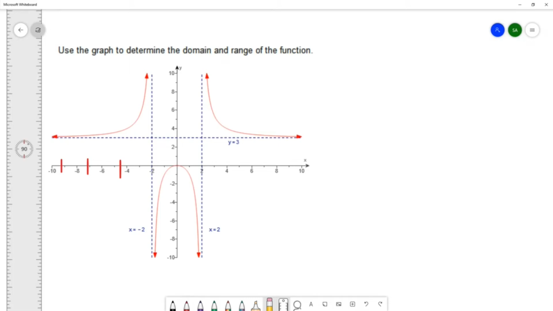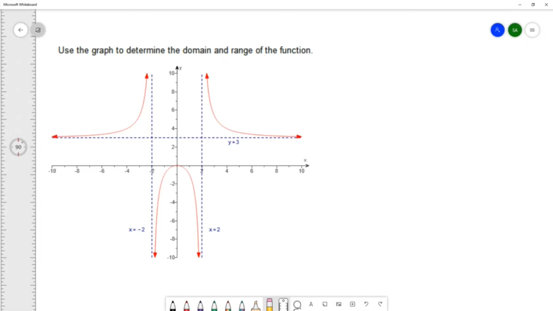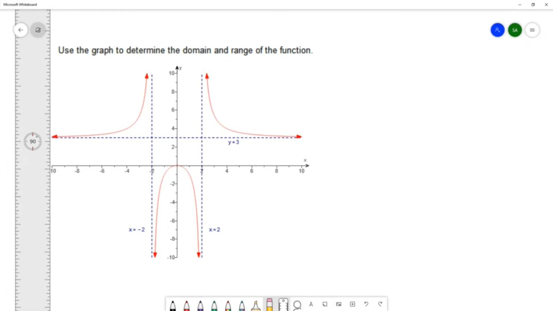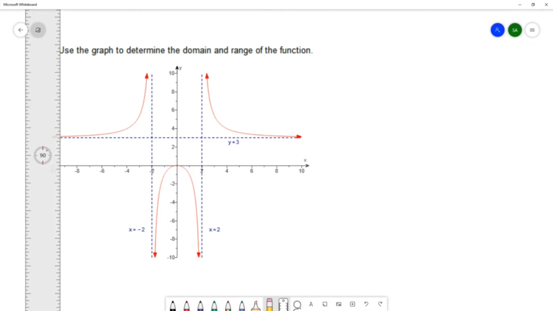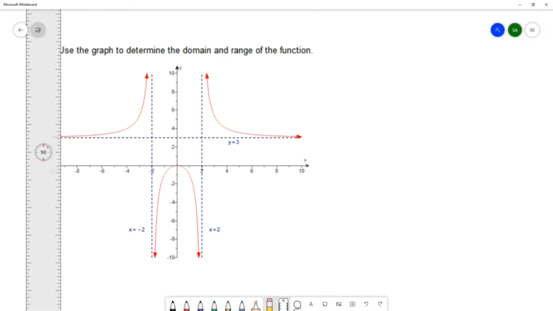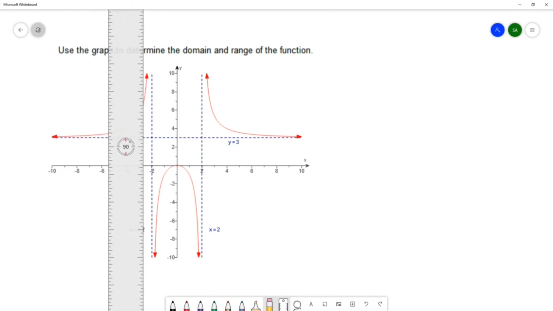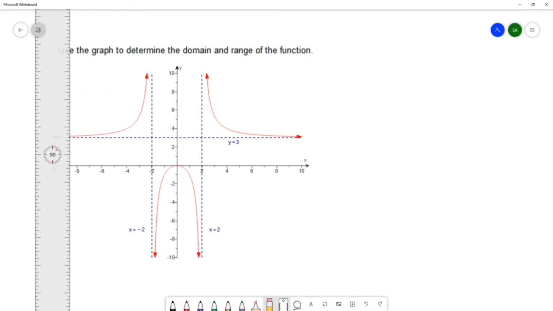Okay, so when I am looking for the domain, I'm looking for the first time that my ruler hits the graph. I can use that as my lower bound, my lowest value in the domain, my lowest x value. And then I'm going to look for when this ruler stops hitting the graph as my highest part of the domain.